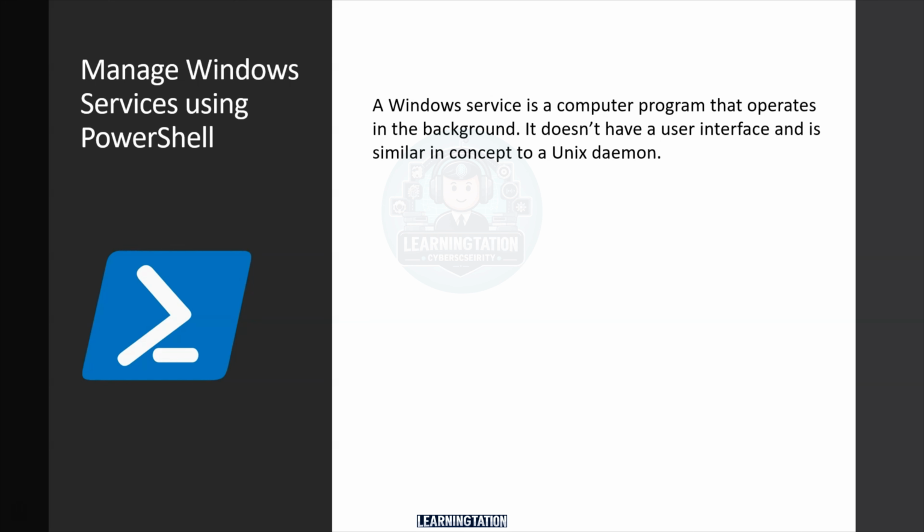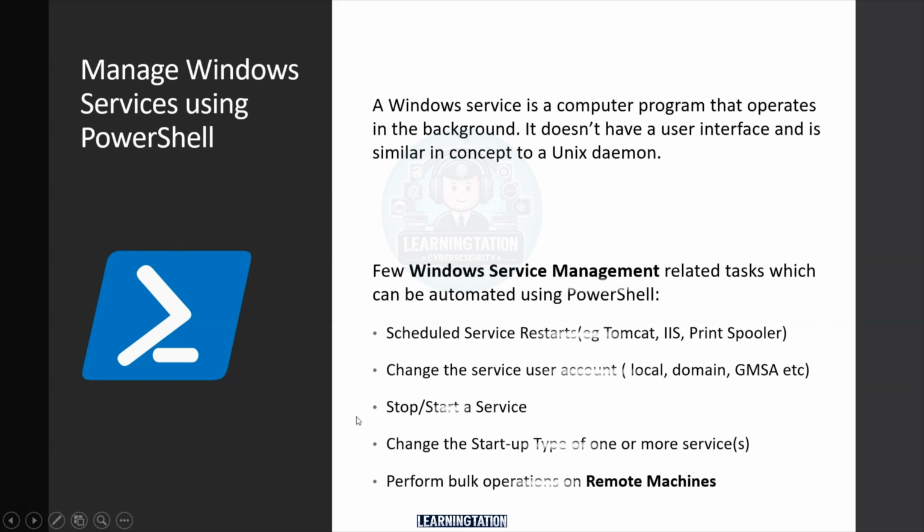Confused? Let me explain. Windows services are designed to run all the time. Many times they start making the overall system slow due to memory issues. So to keep the system healthy, we should keep restarting the services on some fixed schedule.